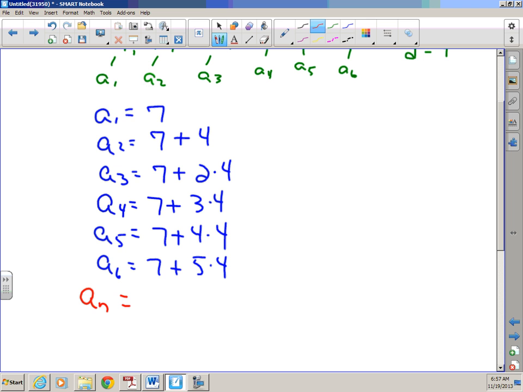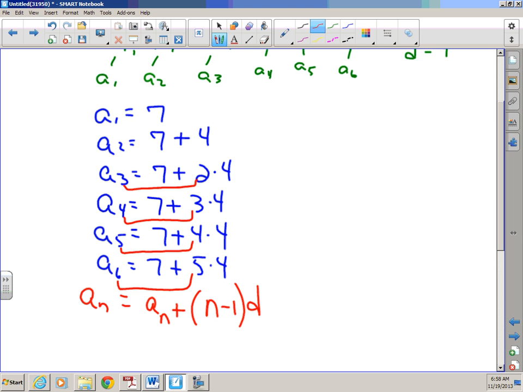What you'll see is the number I multiply the common difference by is always 1 less than where I am in the order. So how can I write my rule? My rule is any number in the sequence is always the first number, A sub 1, plus 1 less than where I am in the sequence, times my common difference.